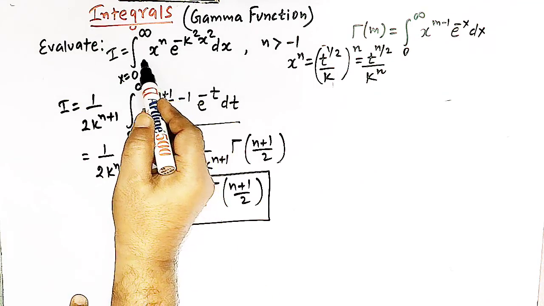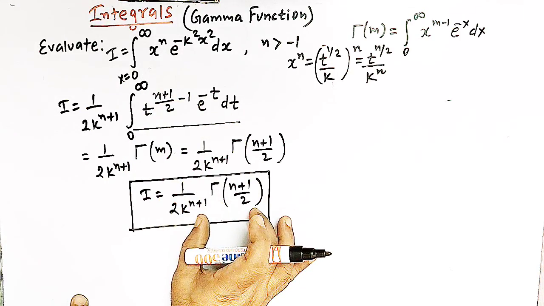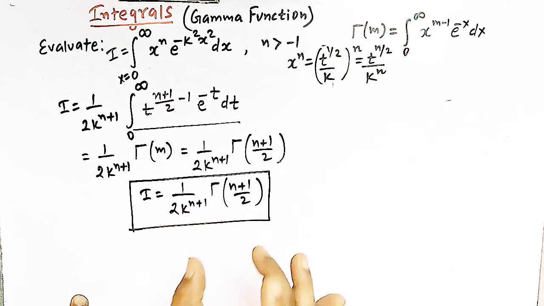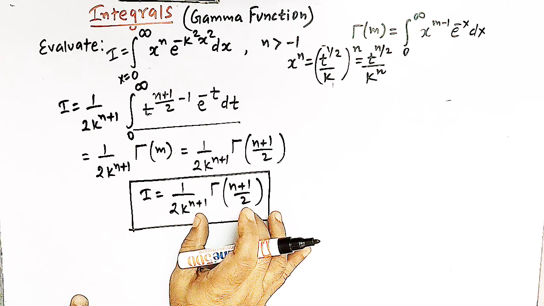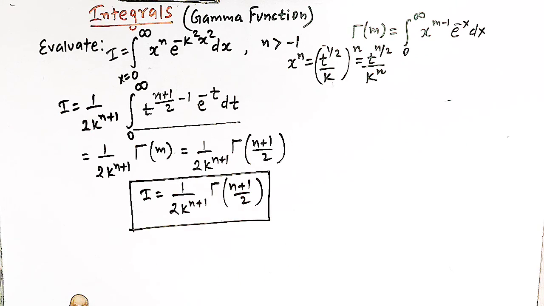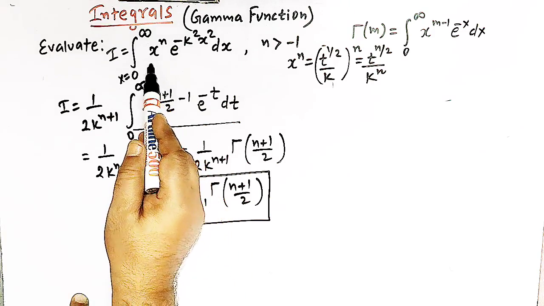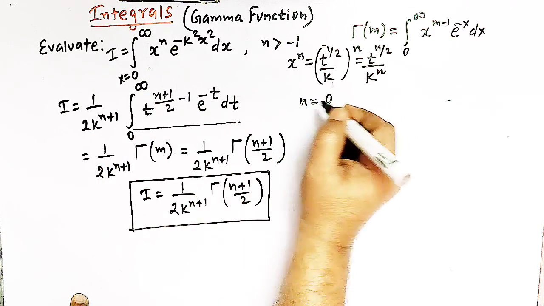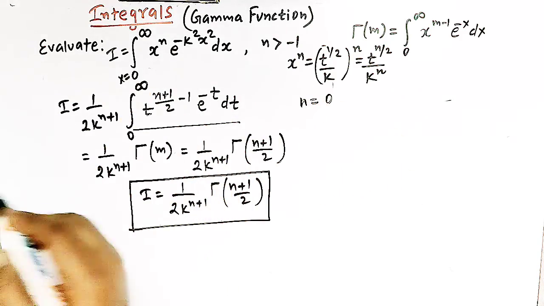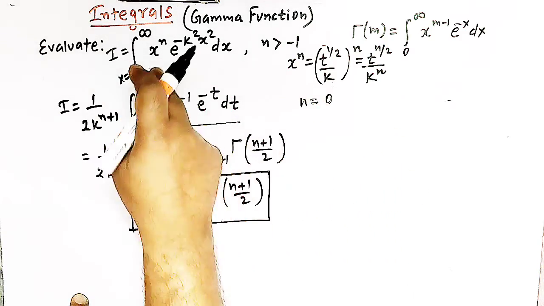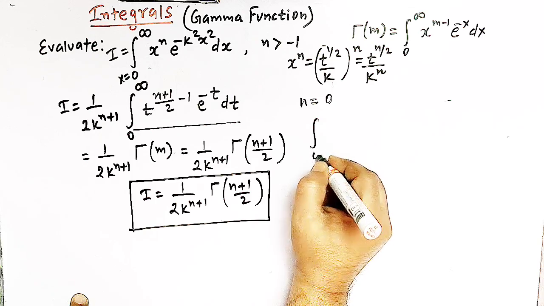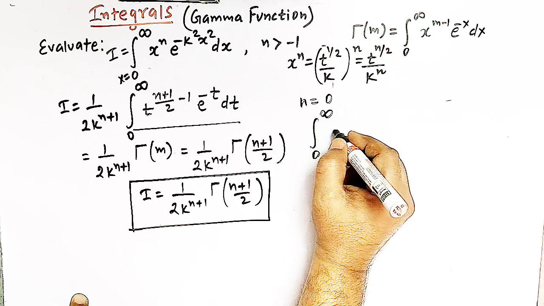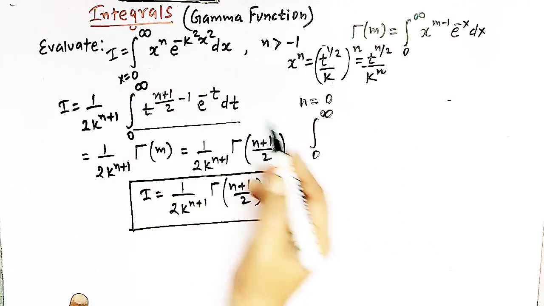So now the value of this integral is given by this expression, and we can use this expression to find out some particular values of this integral, right? So if we take, say, n is equal to 0 in this integral, then this integral reduces to 0 to infinity, and we have x raised to 0.